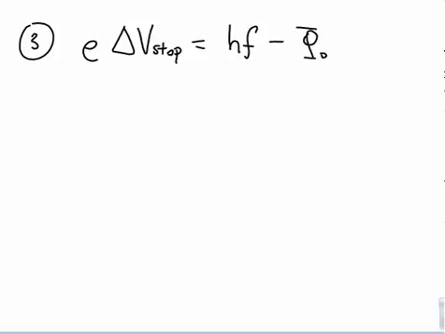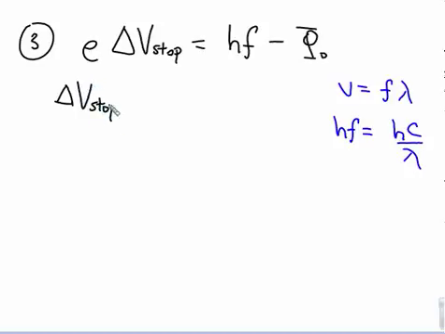I forgot to mention that because there is a relationship you recall from year 4, V equals F lambda, HF is also equivalent to HC over lambda, where C is the speed of light. So depending on what information is given to you, HF or HC over lambda. Now, back to this equation here.